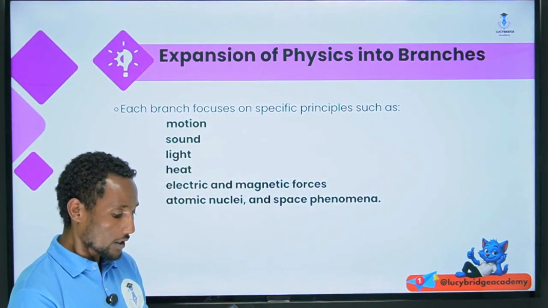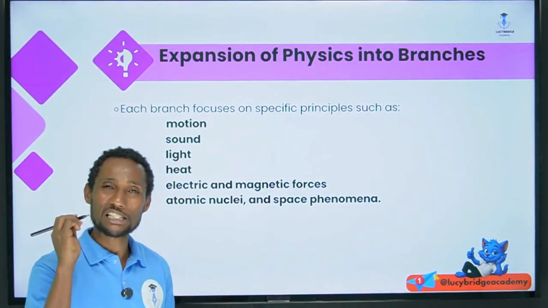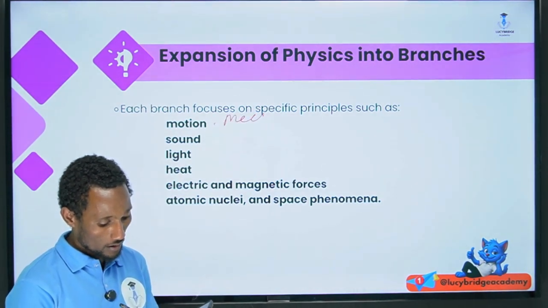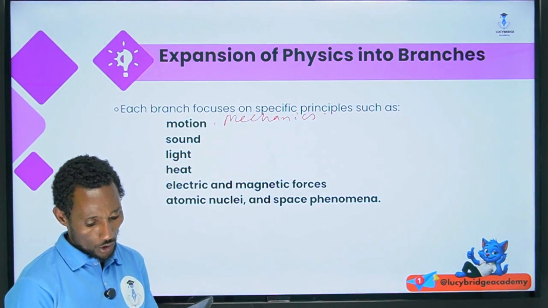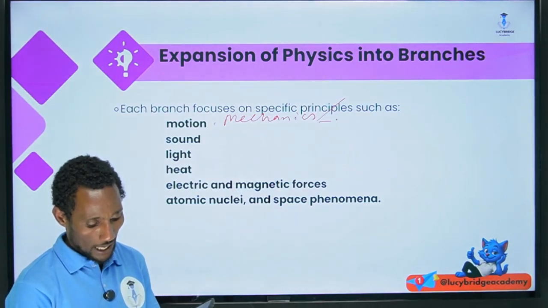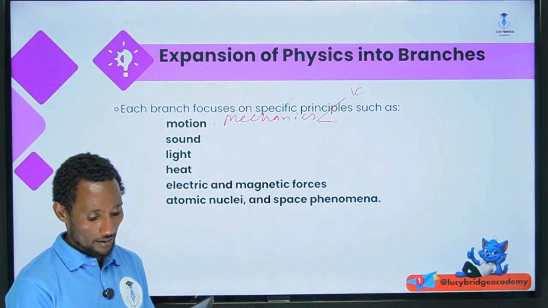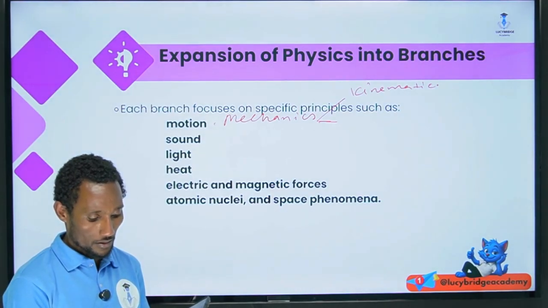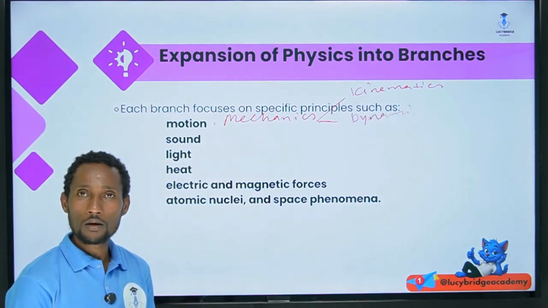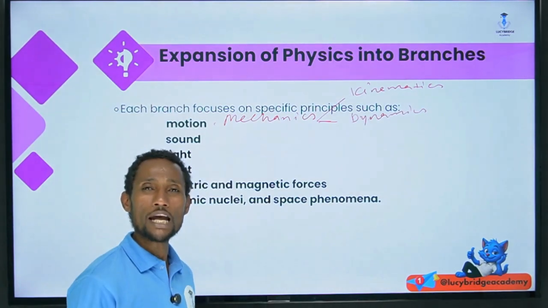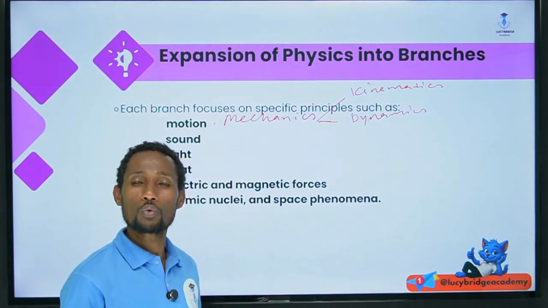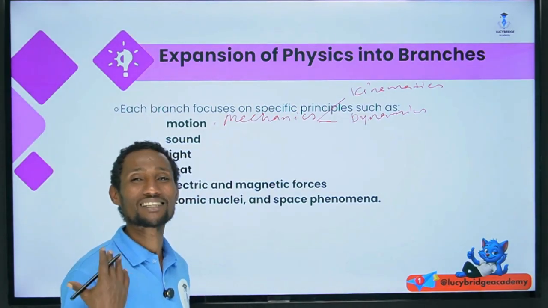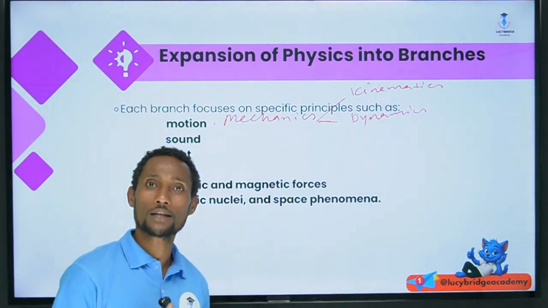The specific principle about motion applies in mechanics, which is grouped into kinematics and dynamics. Basically, there are two main types of mechanics, classical and quantum mechanics, which we'll see in detail later on.